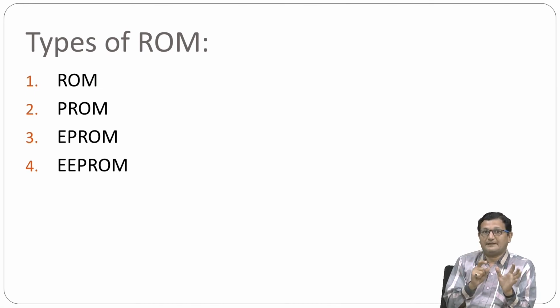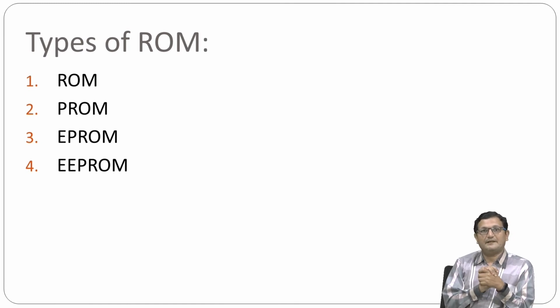That type of memory is known as a PROM. PROM stands for programmable read-only memory. So you have brought a blank chip and you are writing your own program on the chip. That blank chip which is available in the market is called programmable read-only memory, or PROM.